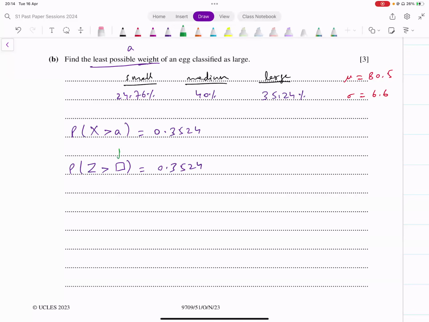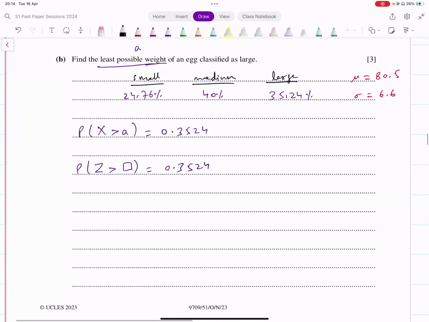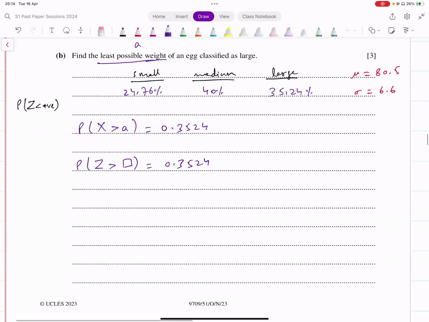We need to find the z value first of all. But how do you find the z value? Remember the process. You need to figure out, is the z value positive first or negative? Because remember, in order to read the table, you need this form. You want to convert it to z less than positive form. For that, you have to figure out whether the z value here corresponding to A is positive or negative.